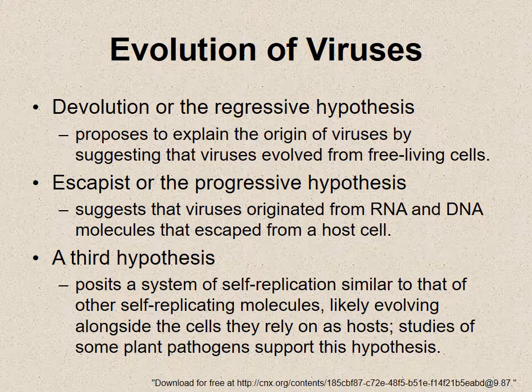The de-evolution or regressive hypothesis just suggests that viruses evolved from free-living cells. Then there's the escapist or progressive hypothesis that suggests that viruses originated from RNA and DNA molecules that escaped from a host cell. And then there's a third hypothesis that discusses viruses evolving alongside the cells that they rely upon as hosts.